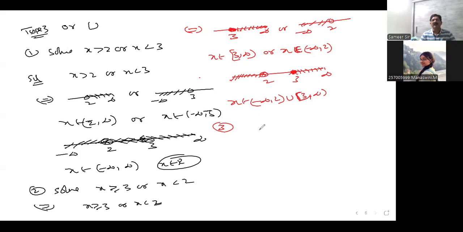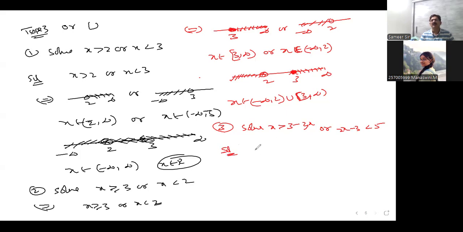See, directly I'm writing here. Sometimes they may give it like this: x is greater than 3 minus 2x, or 2x minus 3 is less than 5. Whatever he has given, what to do?